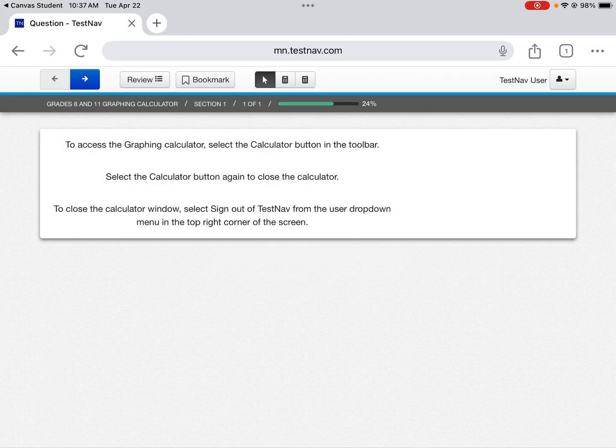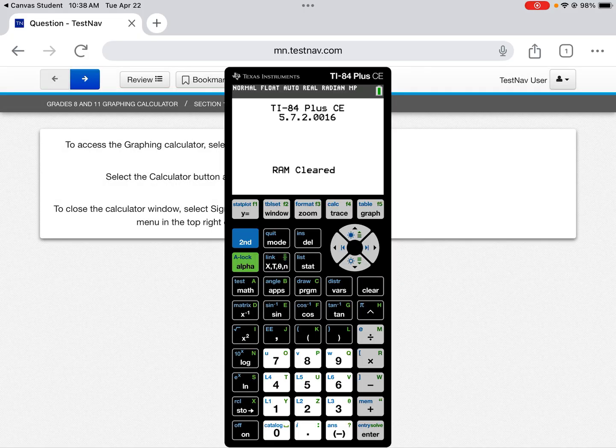And go second, matrix, edit to 3x4, and it is going to be 4, 7, 9, 1, 2, 7, 0, 0, 0.